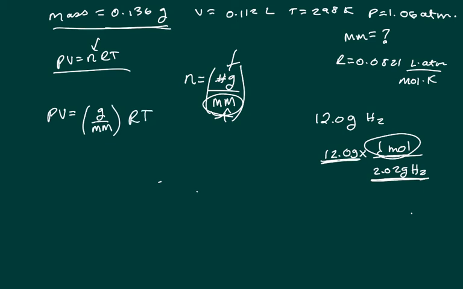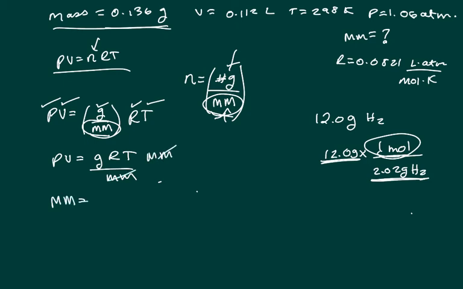And we have grams, we have R, we have T, we have P, and we have V, so we have only one unknown. Okay? So you can either write it this way, and then we'll just solve for molar mass by multiplying on both sides and then dividing by PV. Okay, so it'll be grams RT over PV. Does that make sense?